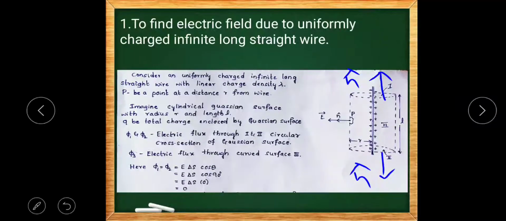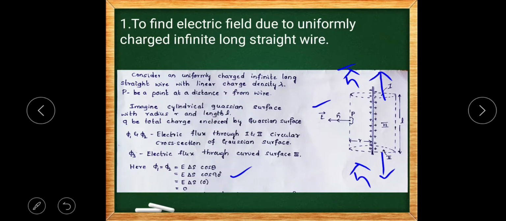Now for these two surfaces, the angle between vector E and vector n cap is 90 degree. Will you agree? So E delta S cos 90 degree. Cos 90 degree equal to 0. Hence E delta S into 0 equal to 0. Hence electric flux through these two circular cross sections is 0.